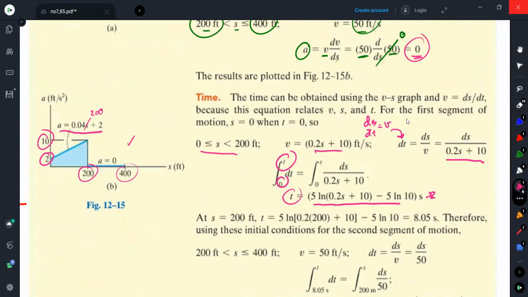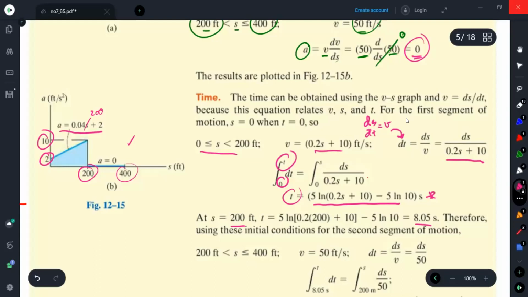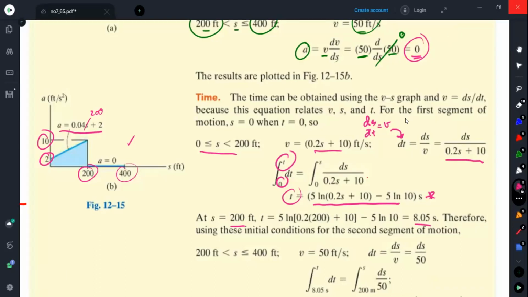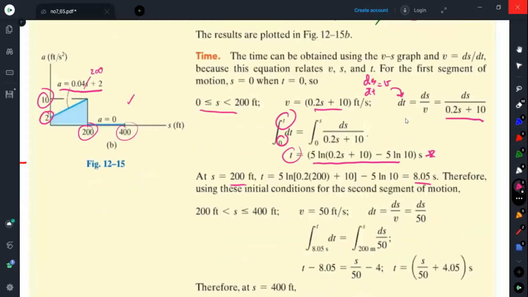When we substitute s equal to 200, that is the final range, we obtain time equal to 8.05 seconds. This is the initial condition for the second segment of motion.